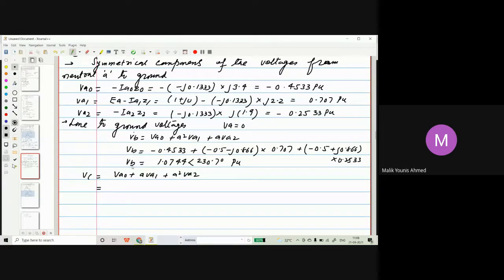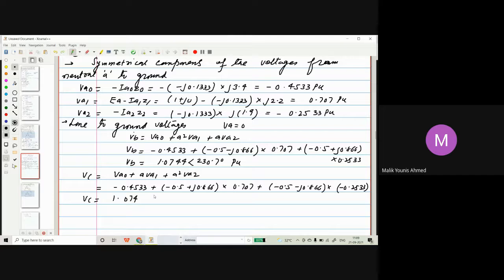If you substitute these values, VA0 is minus 0.4533, A is minus 0.5 plus J0.866 into VA1, VA1 is 0.707, plus A squared is minus 0.5 minus J0.866 multiplied by VA2, VA2 is 0.2533. If you calculate this value with the help of the calculator, it will come out to be 1.07.